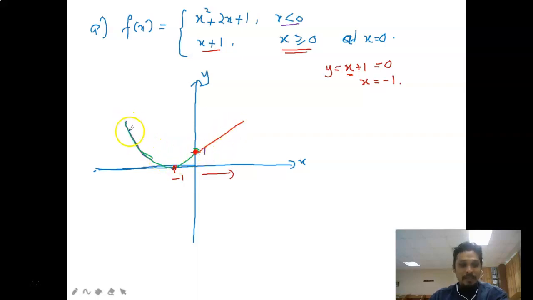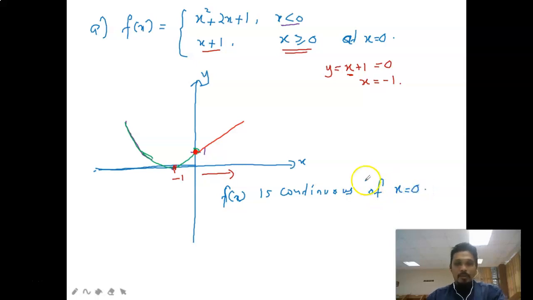So again from here, everything is smooth until the end here. Okay, so f(x) is continuous at x equal to 0.